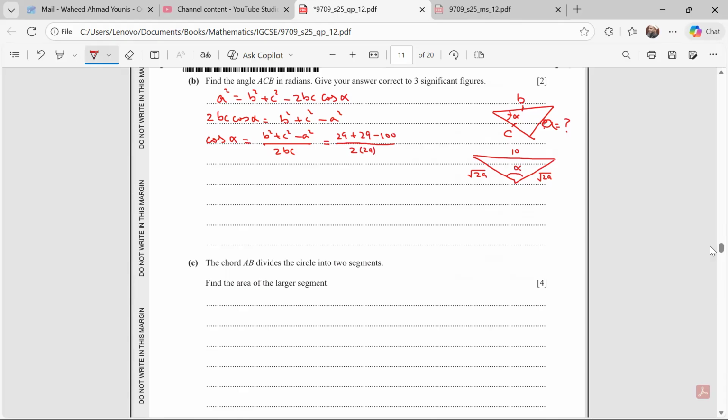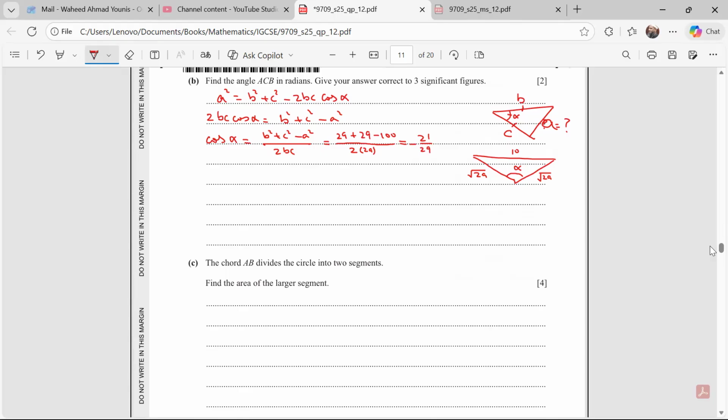Okay, so this thing is simplified as 29 plus 29 minus 100 divided by 2 times 29. So this is negative 21 over 29.